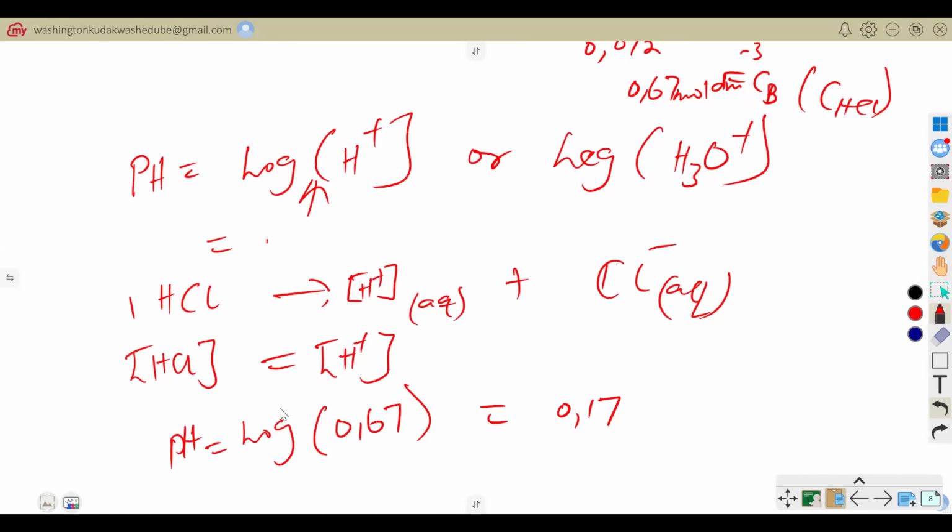We know that pH is a number on the scale from 0 up until 14, and 7 is neutral. Here we have 0.17, just before 1, so you can see that this HCl is a very, very strong acid.